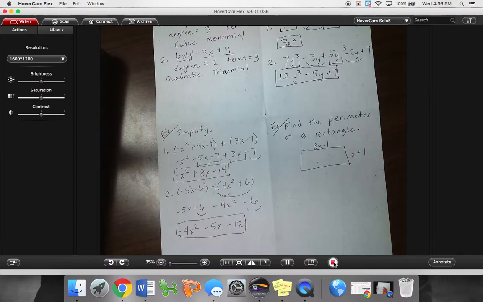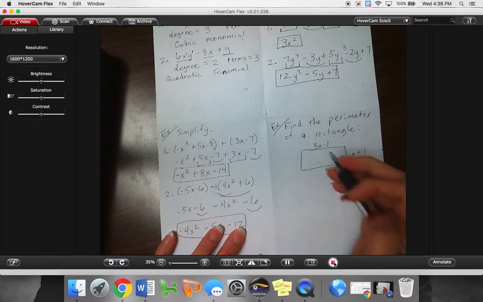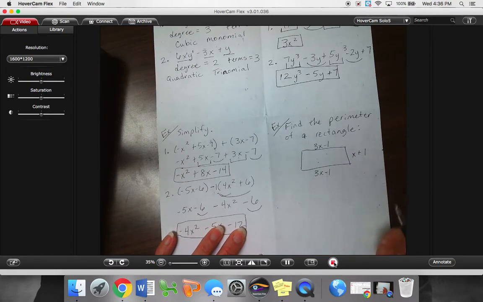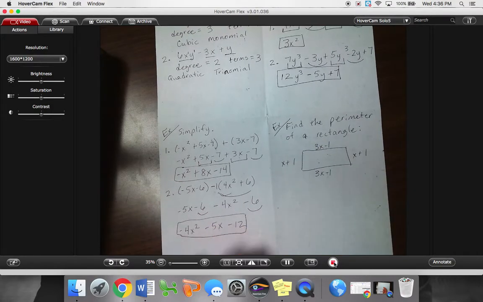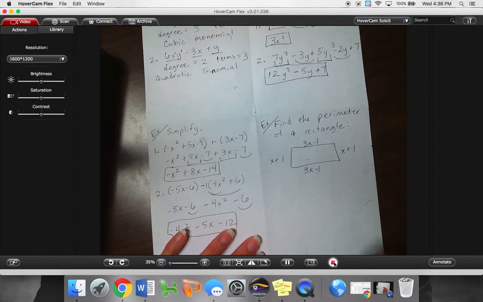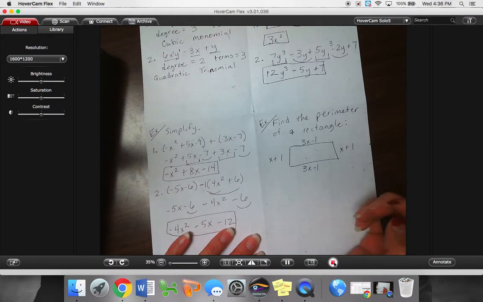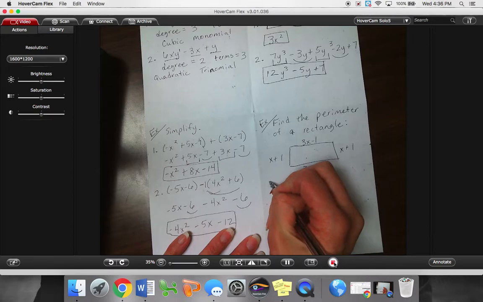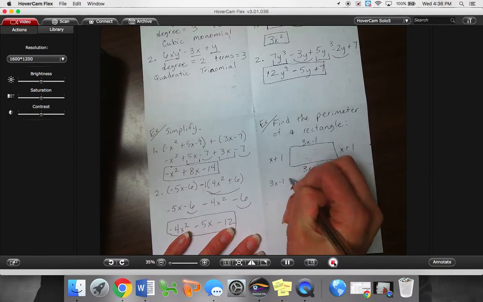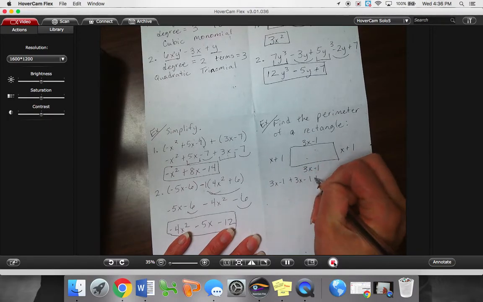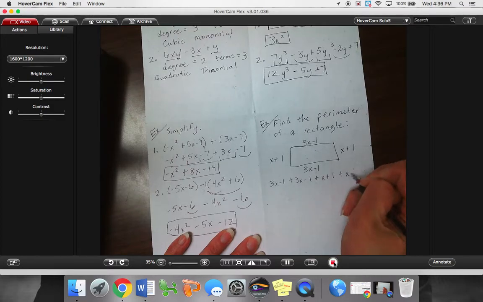Now, hopefully you remember that in a rectangle, the opposite sides are equal. So if the top is 3x minus 1, the bottom is 3x minus 1. If the right side is x plus 1, the left side is x plus 1. Then I hope you also remember that for perimeter, you add up all the sides. So the perimeter is going to equal 3x minus 1 plus 3x minus 1 plus x plus 1 plus x plus 1.